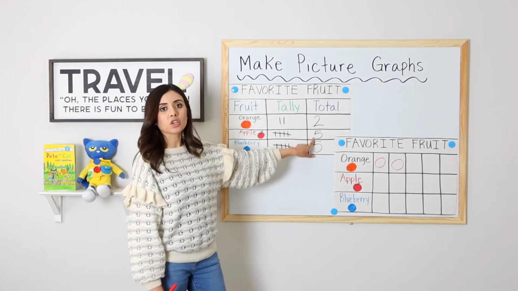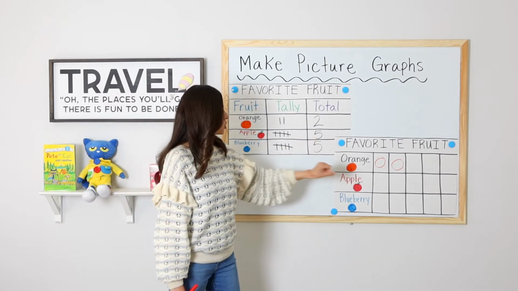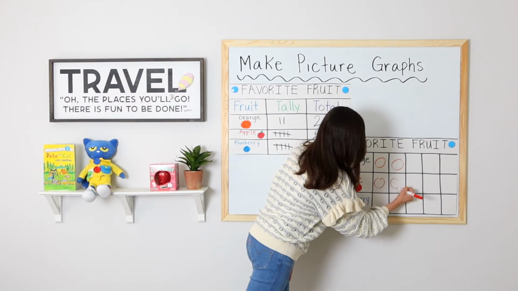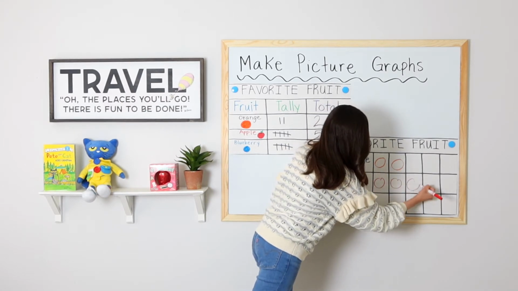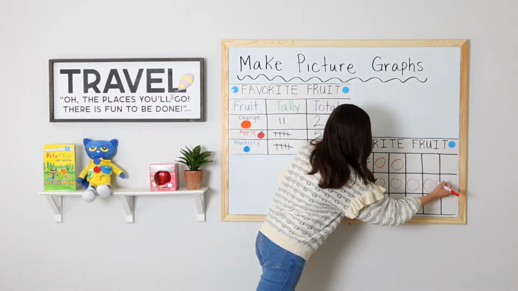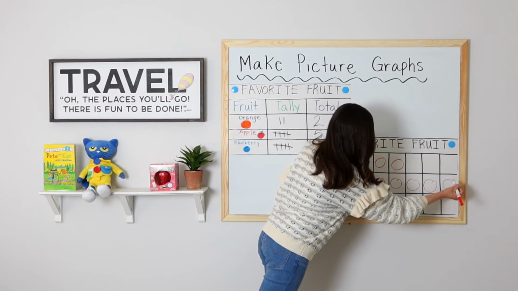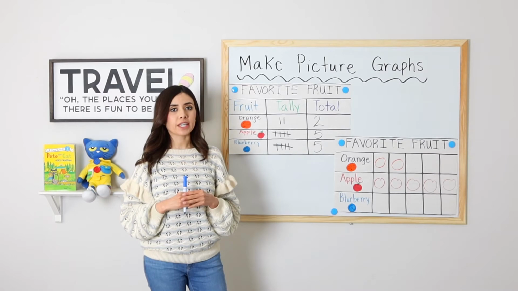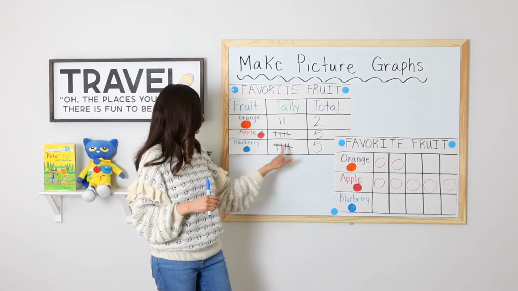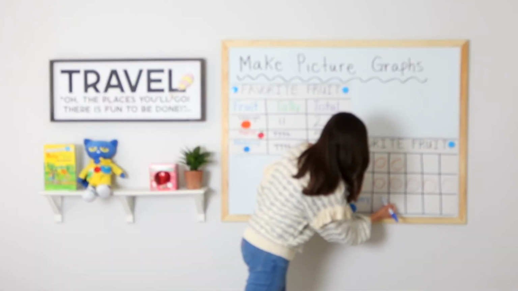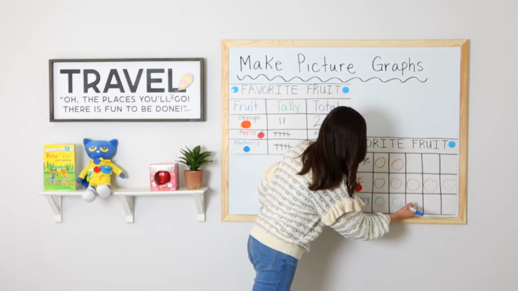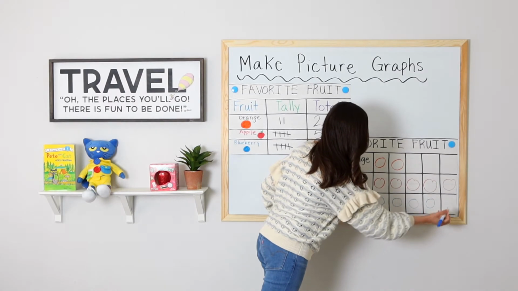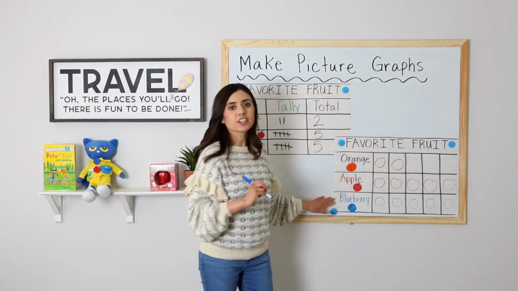So I will go ahead and draw 5 apples in my picture graph. 1, 2, 3, 4, 5. Okay, now how many students chose blueberry as their favorite fruit? 5 as well. 1, 2, 3, 4, 5. Very good.